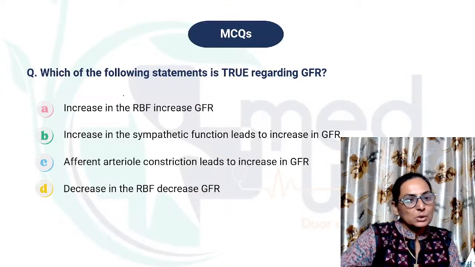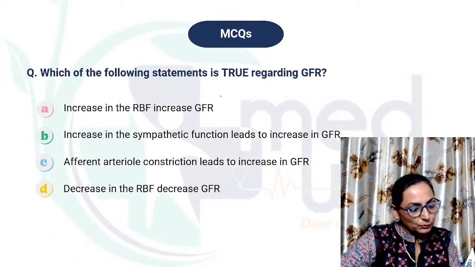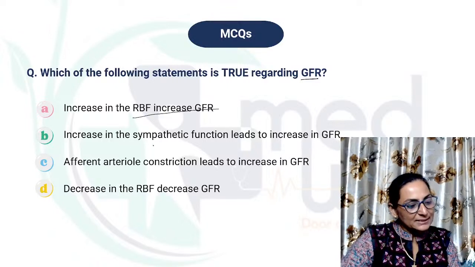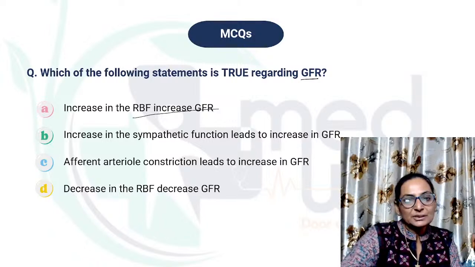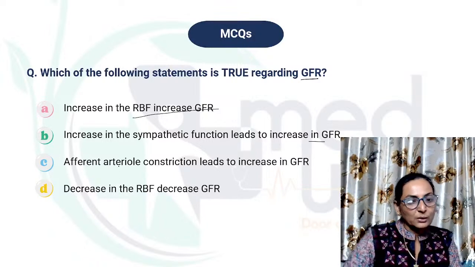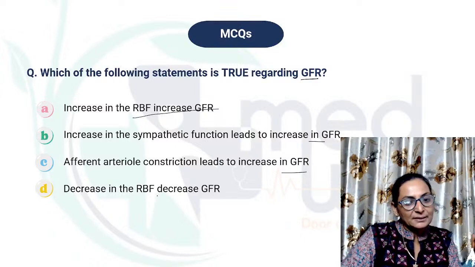Now, which of the following is true regarding GFR? Increase in the renal blood flow increases GFR. Increase in the sympathetic function increases GFR. Afferent arteriolar constriction increases GFR. Decrease in the renal blood flow decreases GFR.